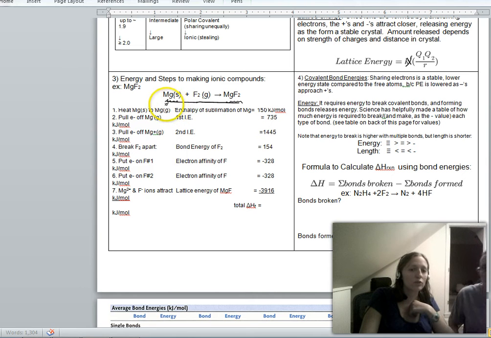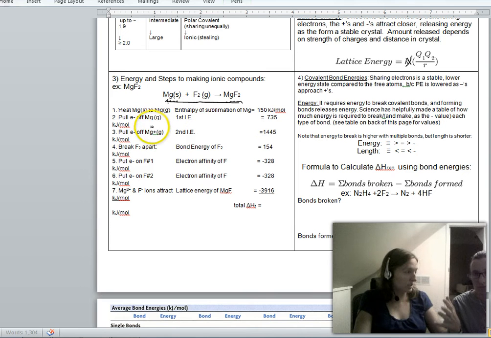So first, you've got to heat magnesium from solid to a gas, and that's the enthalpy of sublimation of magnesium, which is written down in a chart somewhere, and that's 150 kilojoules per mole. So first, make that really hot. Next, pull his electrons off. Pull 1 electron off of magnesium.